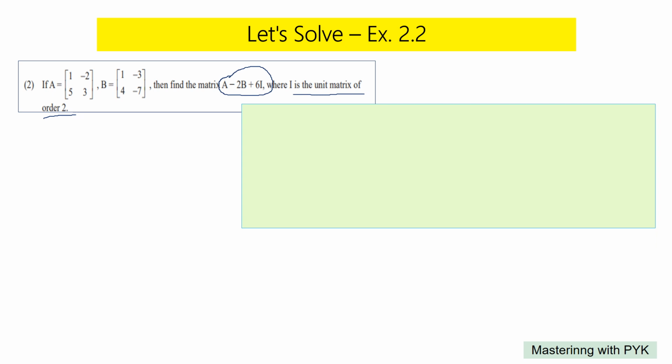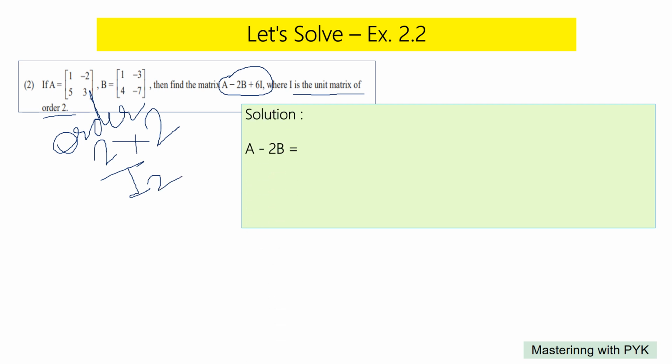So why is order given as 2? Because the addition is defined or possible when the order of matrices are same. So here the order of the matrix is 2 cross 2. We can also mention this as I or I2.